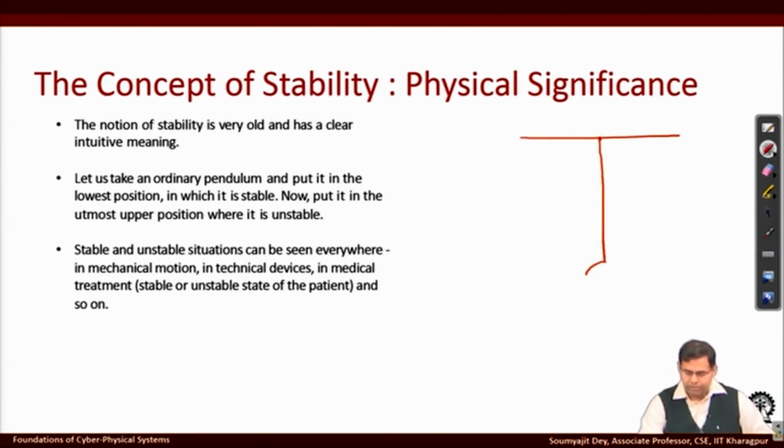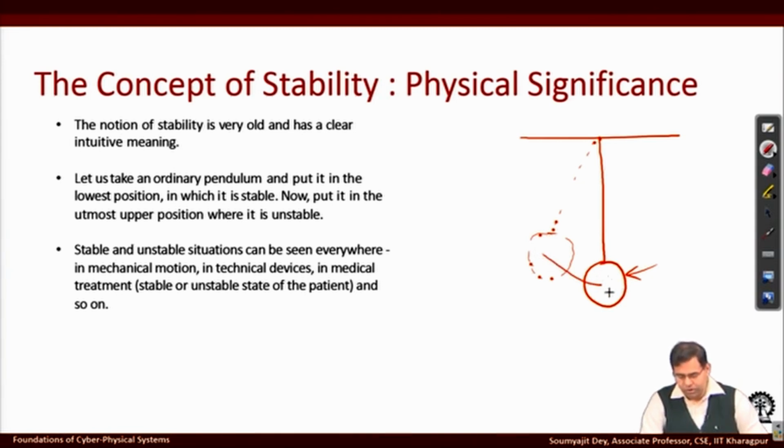Let's say we have a free flowing pendulum here, and you just strike it like this with some force, and it goes to a position here. If you just strike it with your hand like this, it will go to a position here, and then eventually it would roll back to this position.